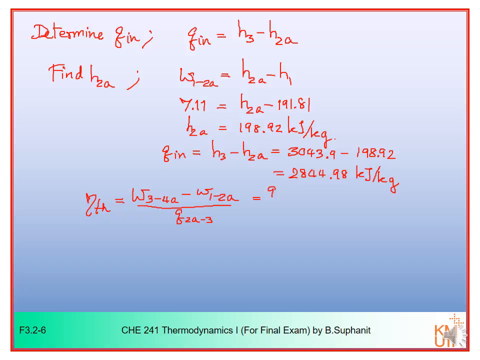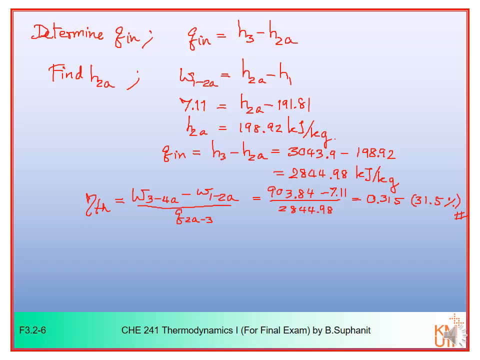You have 903.84 for the turbine work, minus 7.11 for the pumping work, divided by 2844.98 for Q in. So thermal efficiency of this actual cycle would be 0.315 or 31.5% efficiency. So this is the first answer.